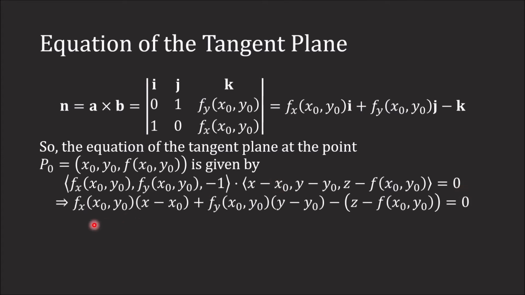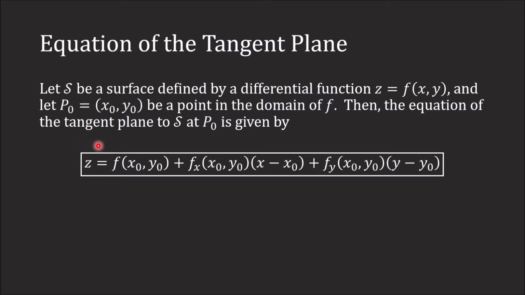Carrying this through, we find f sub x of x naught, y naught times x minus x naught plus f sub y of x naught, y naught times y minus y naught minus z minus f of x naught, y naught is equal to 0. And if we solve this equation for z, we get our equation.